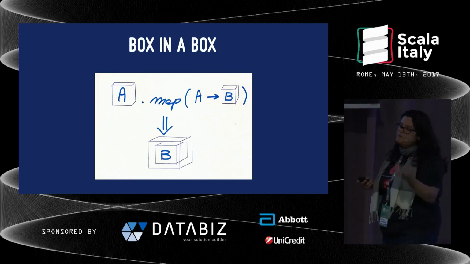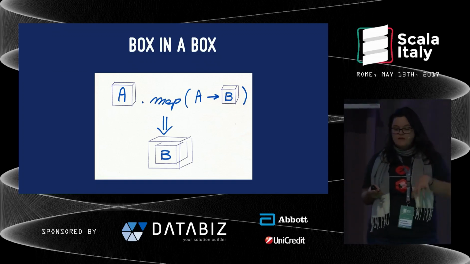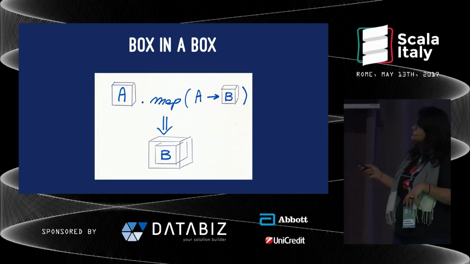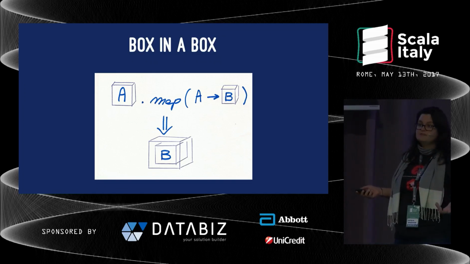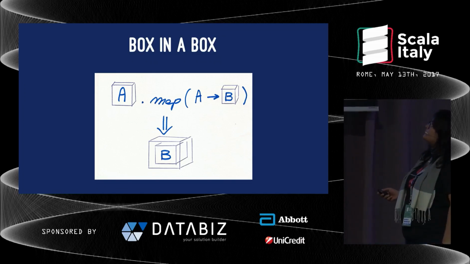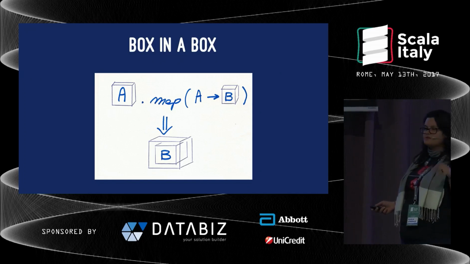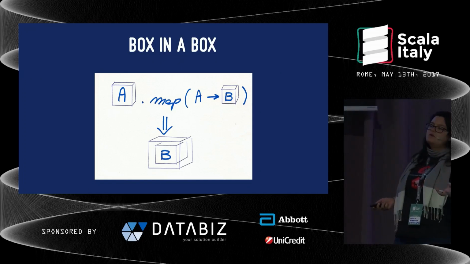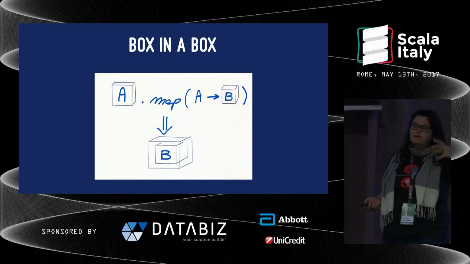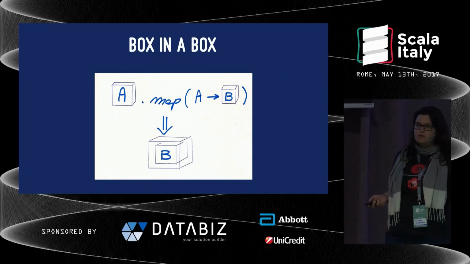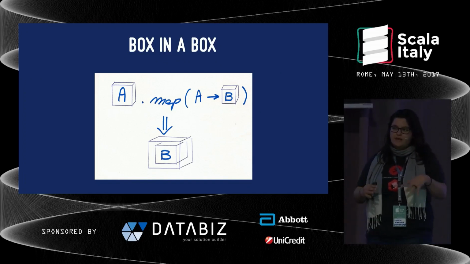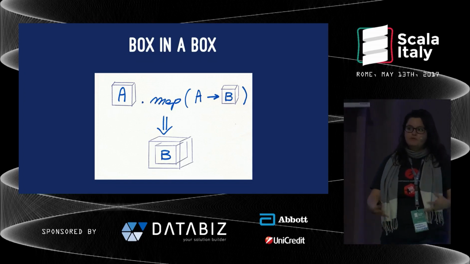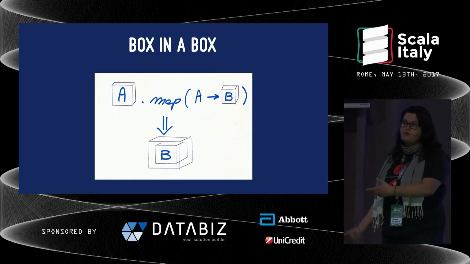But what if I open my box and I apply a function and my function returns a box itself, right? I will be in this state where I have a box in a box. But I don't really know how to deal with that, right? Because I don't know how to throw away one box. All I can do is open it once and move the context to another box.